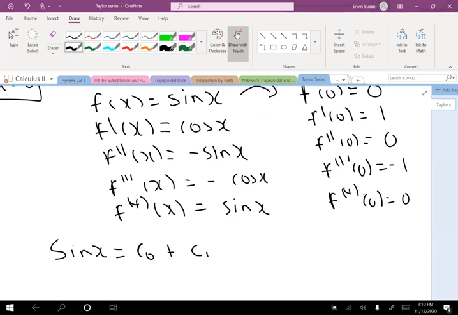Okay, so C0 plus C1 x plus C2 x squared over 2 factorial. Oh, no, sorry, C3 x cubed over 3 factorial, plus C4 x to the 4.